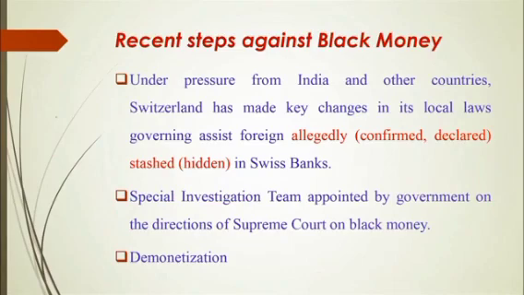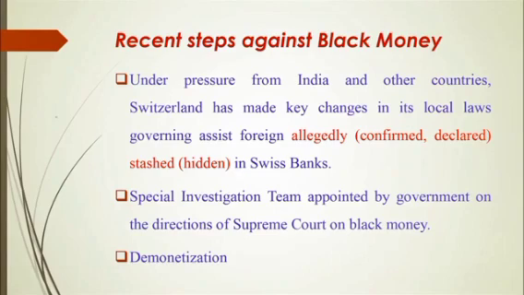Under pressure from India and other countries, Switzerland has made key changes in its local laws governing assets of foreigners allegedly stashed in Swiss banks. Here, allegedly means confirmed or declared. Stashed means hidden.